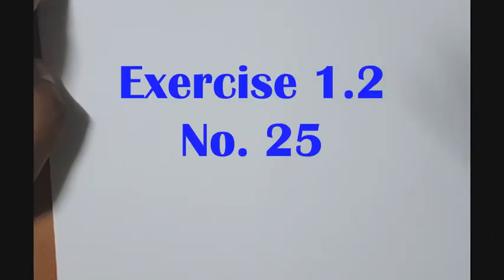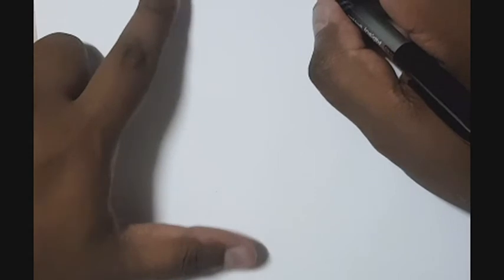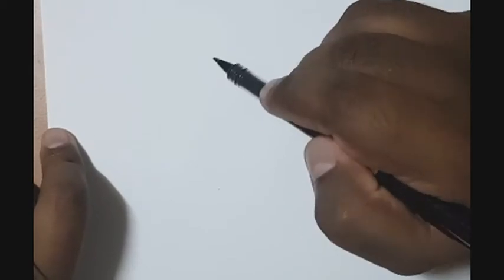Alright, so the next problem is number 25. The question says find the limit of (3 − x)/(x² − 2x − 8) as x approaches 4 from the left. First of all, let's factorize our denominator. To factorize this, we find two factors of −8 that add to give −2.